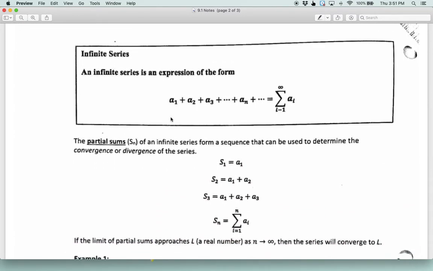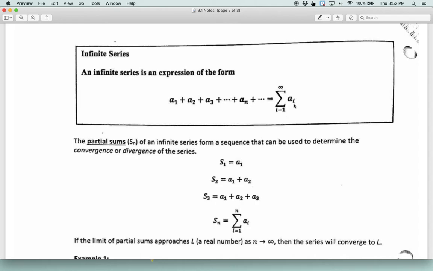An infinite series is going to look like this: a1 plus a2 plus a3 plus dot dot dot out to a sub n plus dot dot dot out to infinity. If we go to infinity, the notation we use is this capital letter sigma that represents summation. We've seen that before. This particular one is starting from the i minus 1 term and going out to infinity.